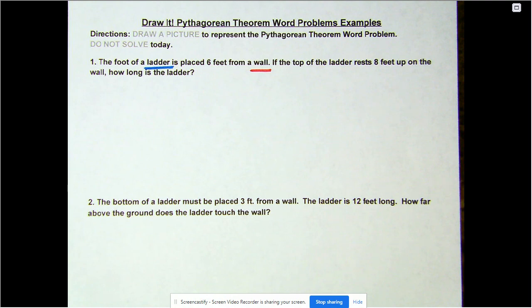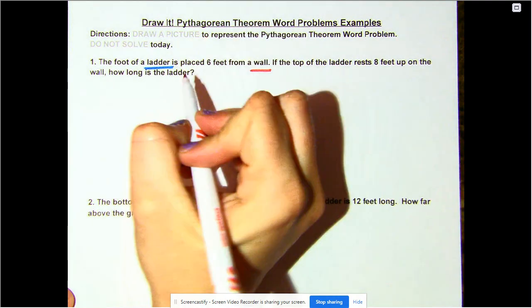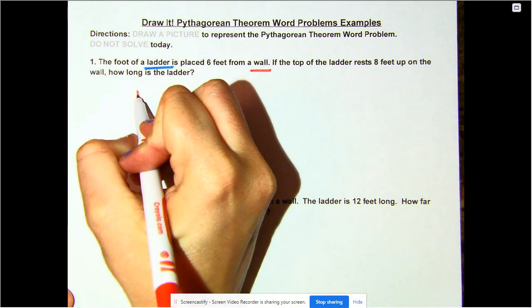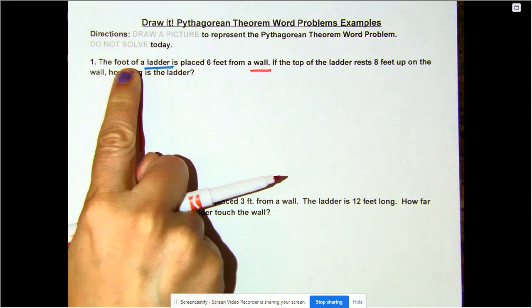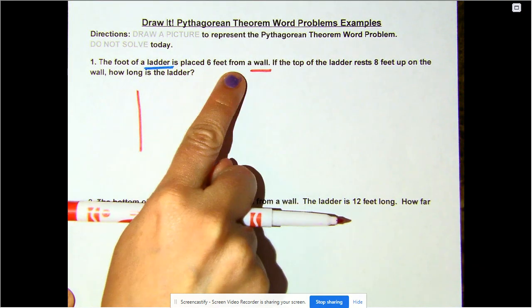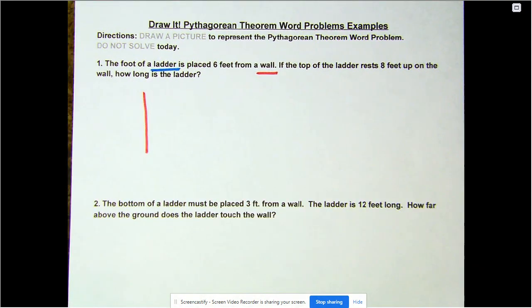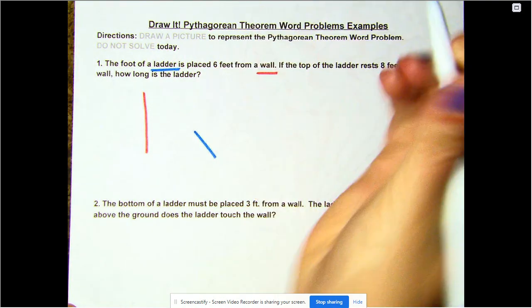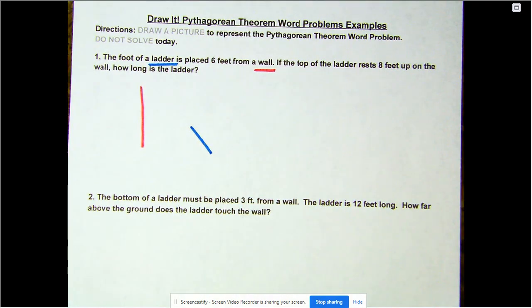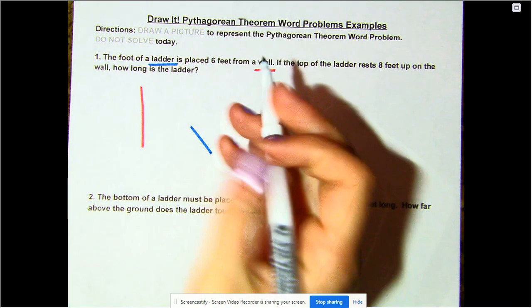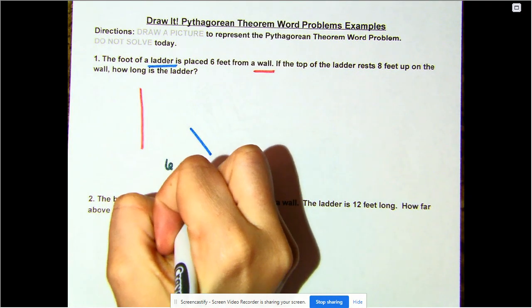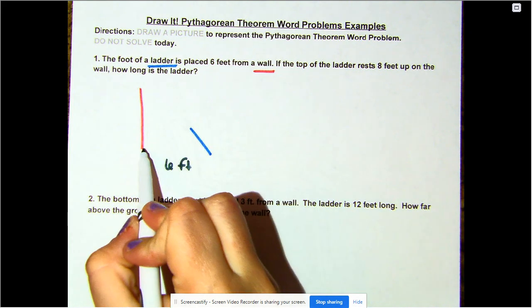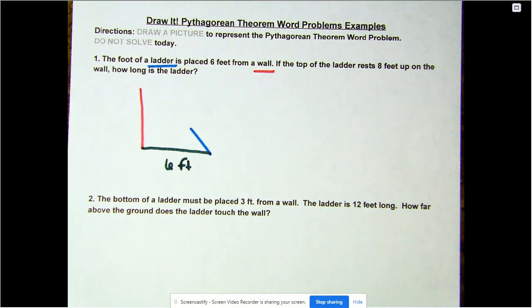The information given is there is a wall, and a ladder is placed 6 feet from the wall. So out 6 feet, there's a ladder placed.